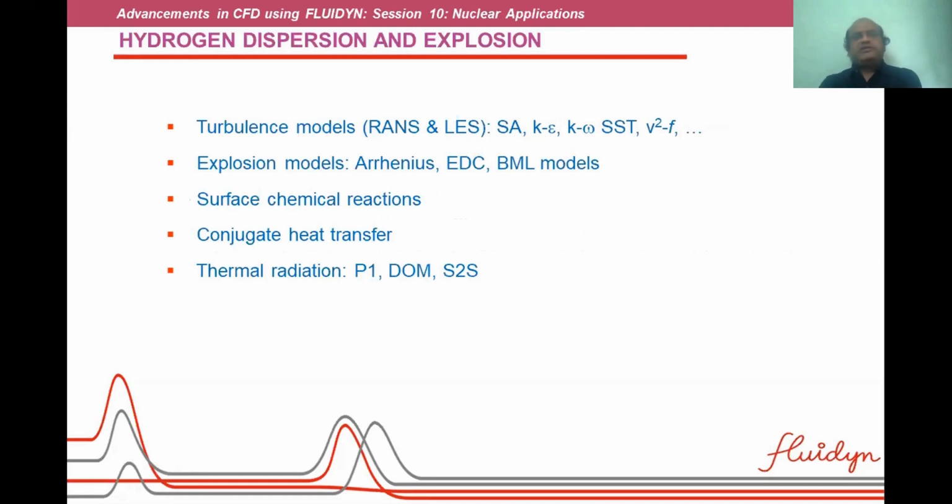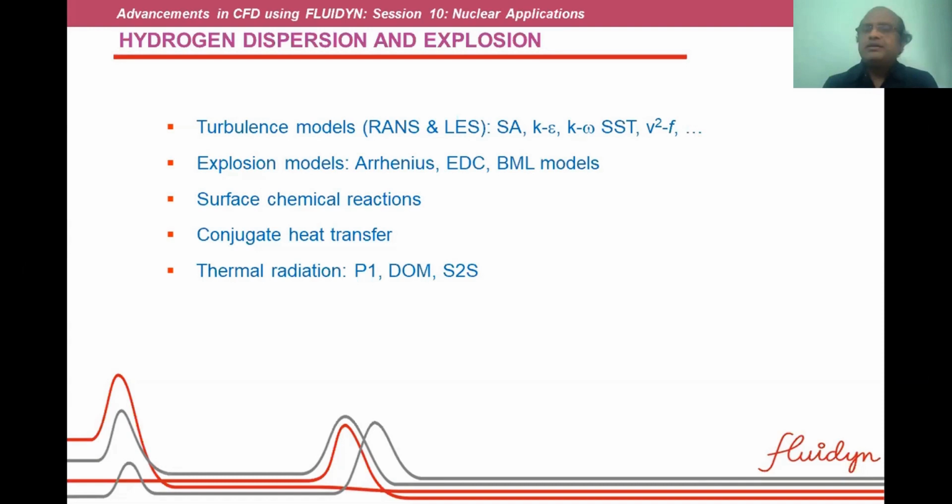So normally the dispersion of hydrogen is highly sensitive to natural convection because it's a very light gas. So all the models that used turbulence models were able to capture these buoyancy effects. Then normally these studies also require various models for combustion of hydrogen and whether this combustion will accelerate into explosion or detonation.